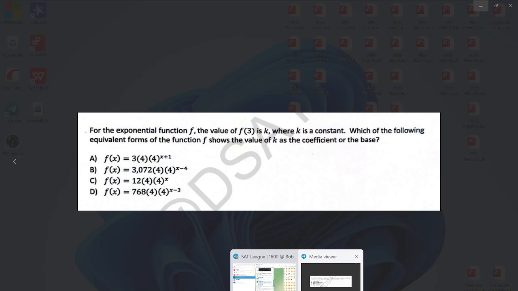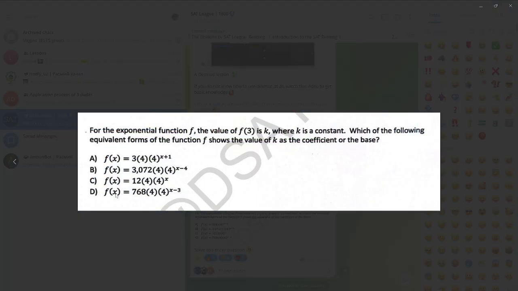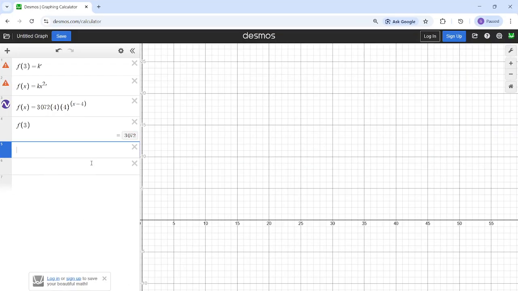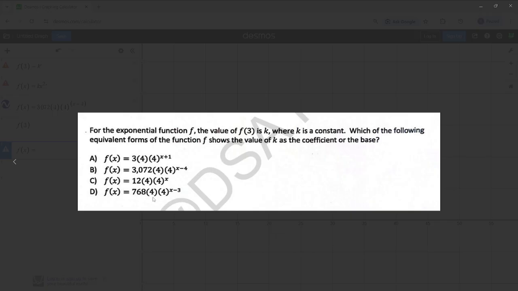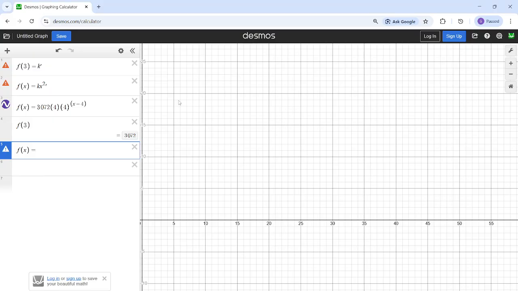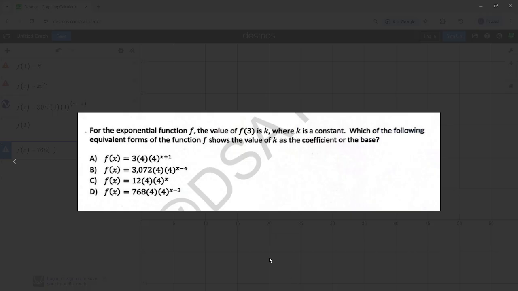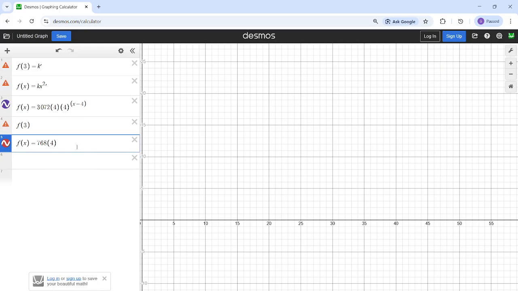If you put other functions, let's say the last answer choice, let's write it down too. f of x equals 768 times 4 to the power of x minus 3.